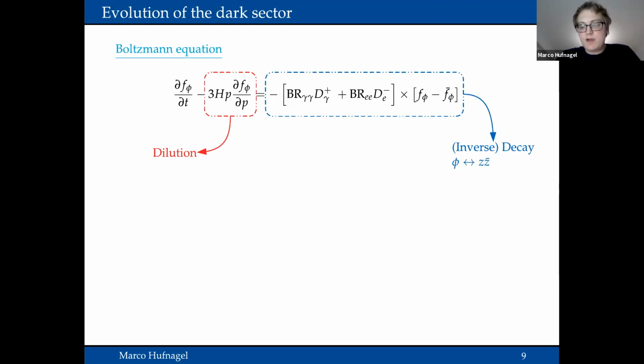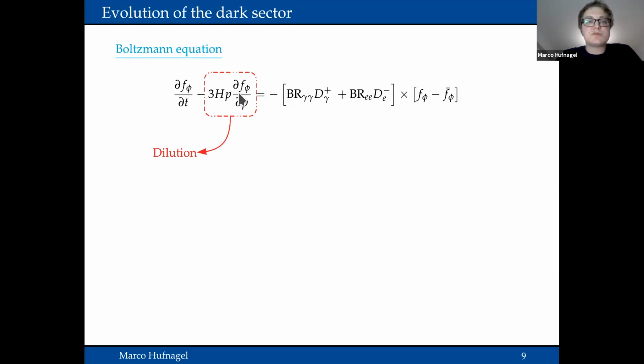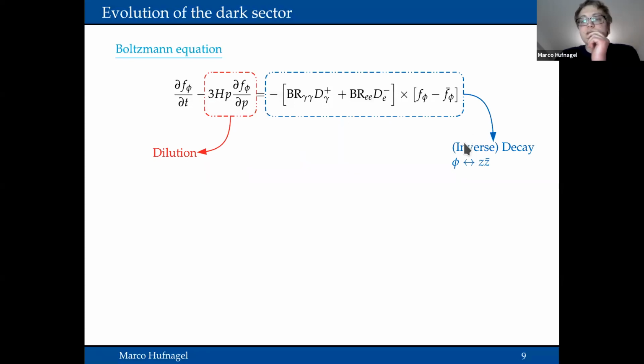So one effect that's relevant is this dilution term. This describes the change of f due to the expansion of the universe and therefore is proportional to H. And the other important effect is the decay and the inverse decay of the mediator.